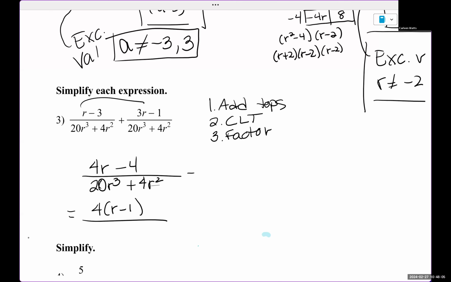Okay, at the bottom, I'm going to GCF factor out 4r squared. So 20 divided by 4 is 5. R cubed divided by r squared is r plus what? 1.